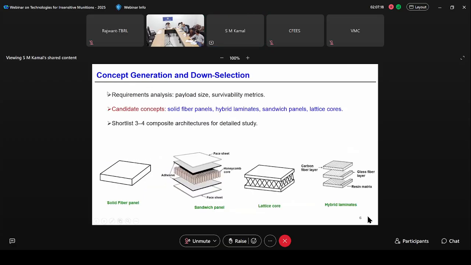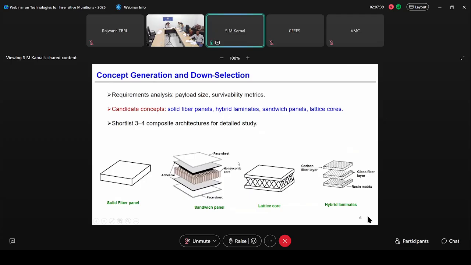Our concept space includes solid fiber panels, hybrid laminates, sandwich panels, and lattice cores. The sandwich panels are very effective due to their core crushing and delamination properties. Lattice cores are very lightweight and also tunable.